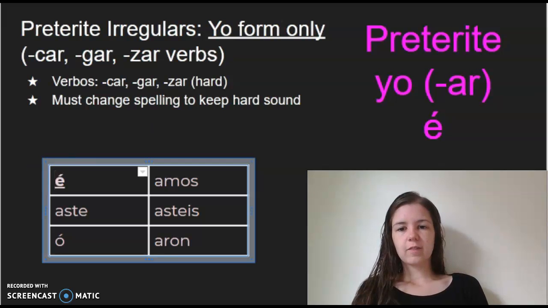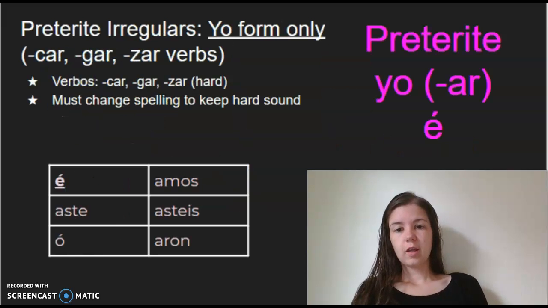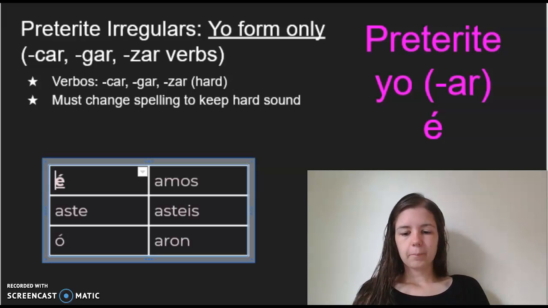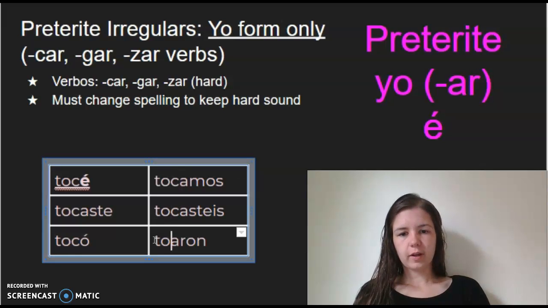So for instance, if I were to conjugate the verb, let's do the first one from this list, tocar, to touch. If I wanted to say I touched, I have my normal toc start everywhere because I have tocar, take off the AR. Here's what I end up with.